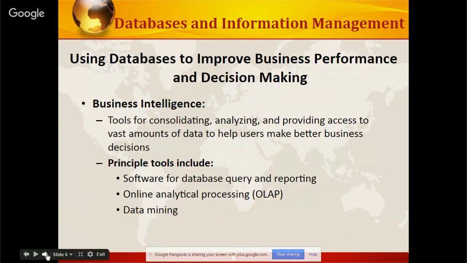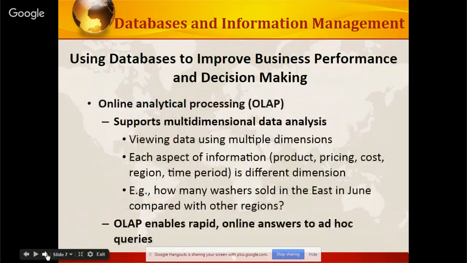Online analytical processing, or OLAP, is a tool that we use to also mine this data. OLAP is something that you may hear about, so be aware of what it means. As I said, this portion I'm really going through quickly.